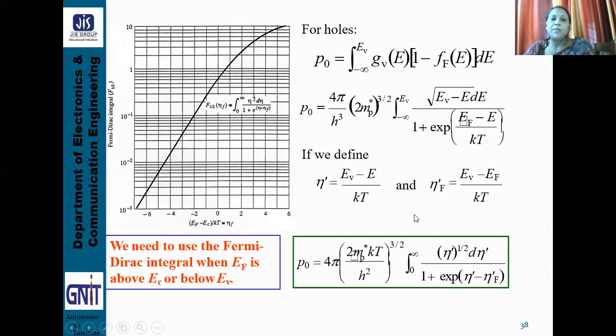All this has already been discussed in an earlier slide. So next is this N dash, NF dash, whatever has already been mentioned. Please go through it carefully.